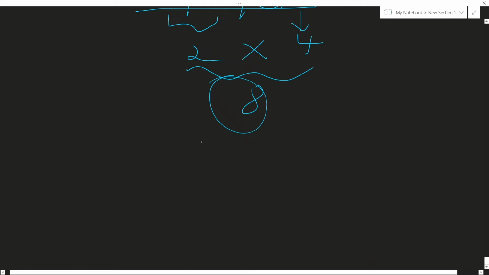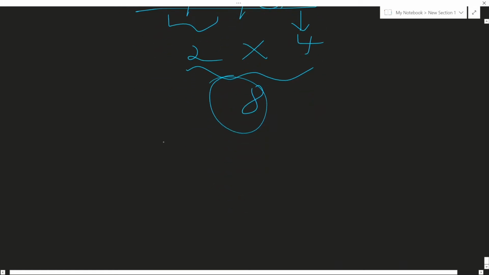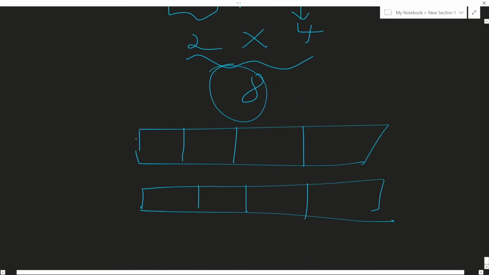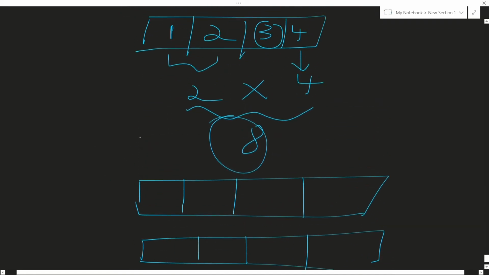So in order to get the product for each element, let us first find out the prefix and postfix of each element. For that, we need to have two arrays. First one for prefix and the second one for postfix products.